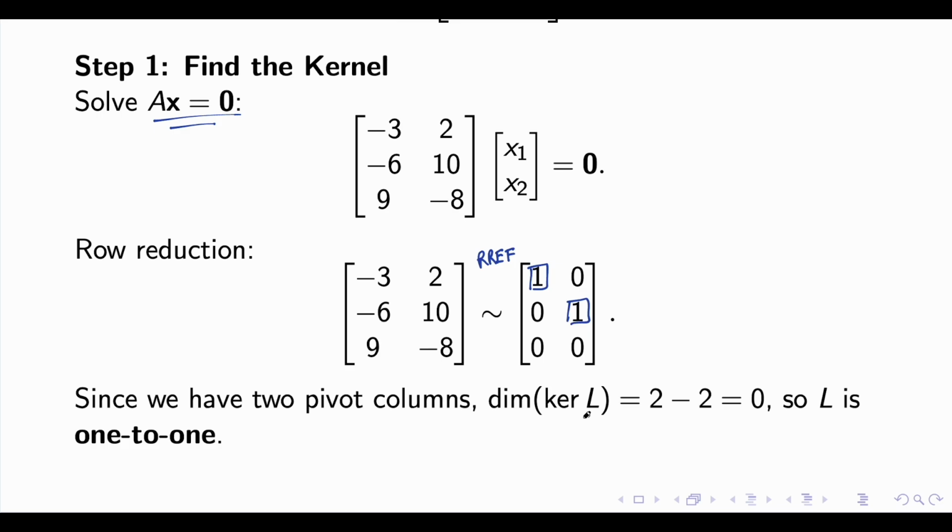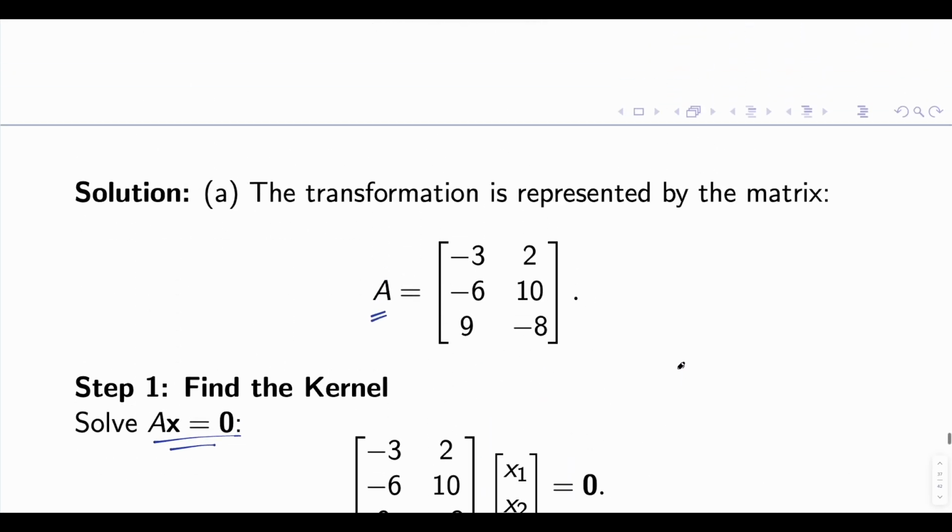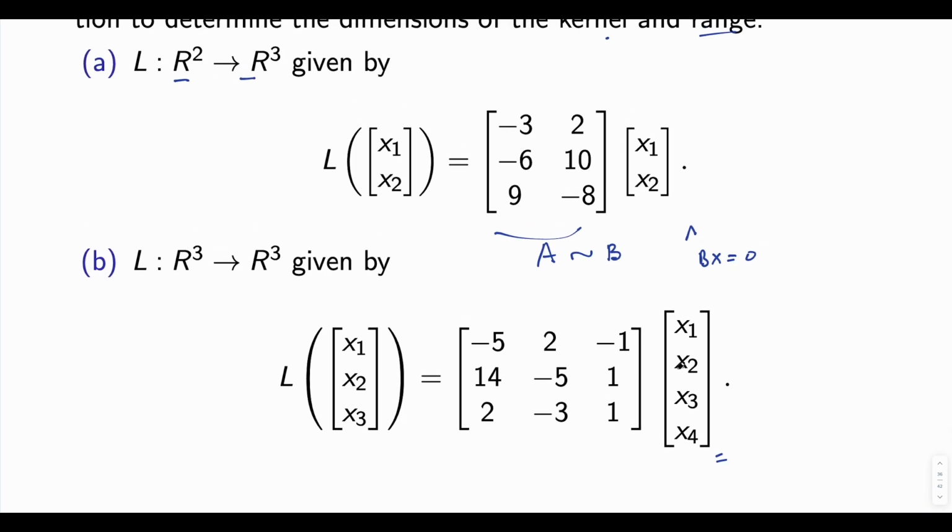Then the dimension of kernel is equal to 2 minus 2, because all those things are going to be in the range only. The number of non-zero pivot columns is 2. So the range dimension will be 2 basically. And the dimension of the kernel is n minus rank, which is 2 minus 2, because we started with R2 to R3, and 2 can be split into 2 plus 0.